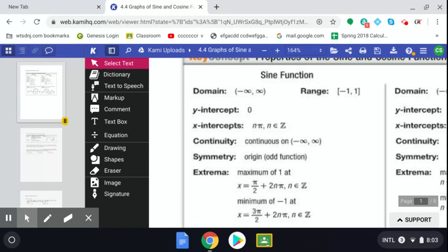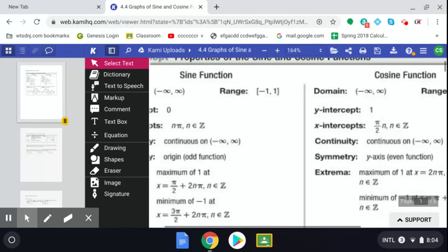It's going to be continuous, so no holes. Symmetry is symmetric about the origin. It's an odd function. Maximum of 1 at x equals pi over 2 plus 2n pi, because it's going to keep repeating itself every 2 pi. Minimum of negative 1 at x equals 3 pi over 2 plus 2n pi.